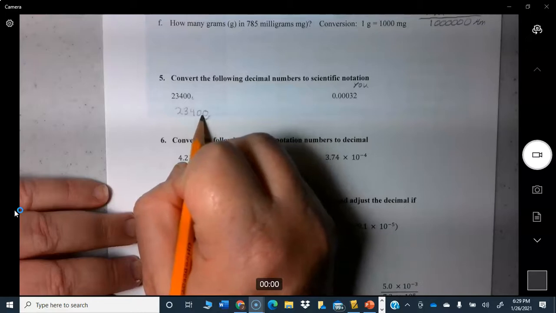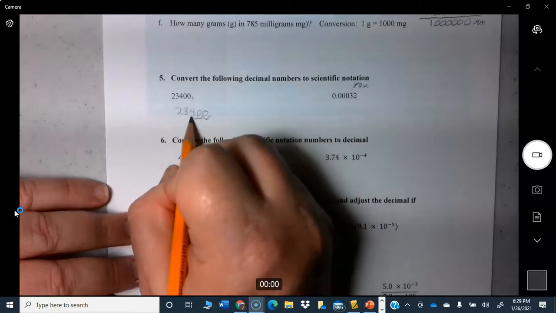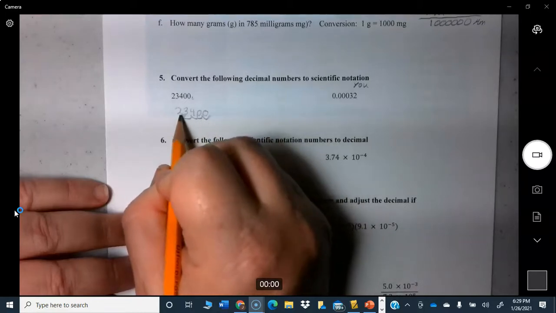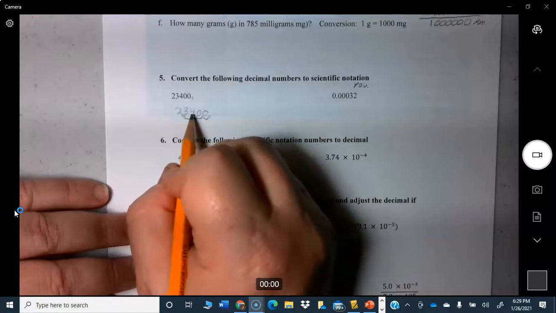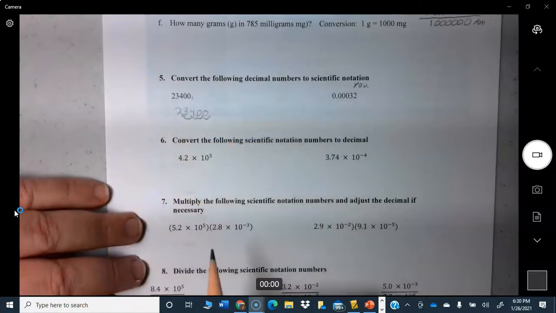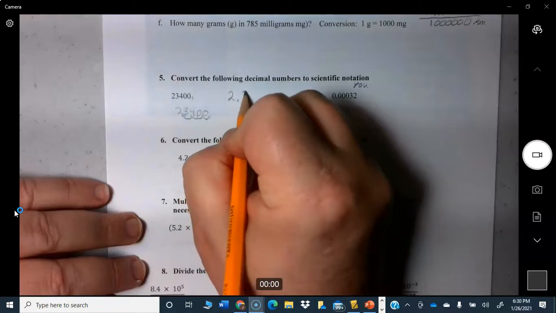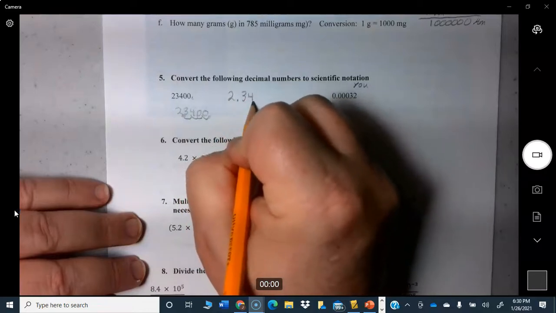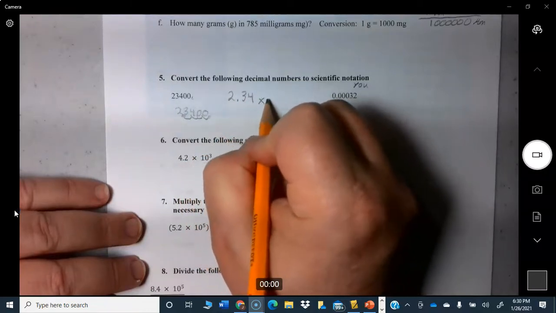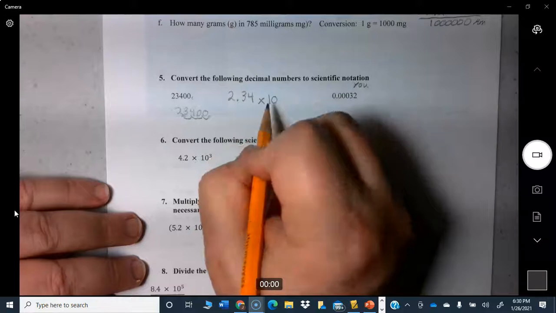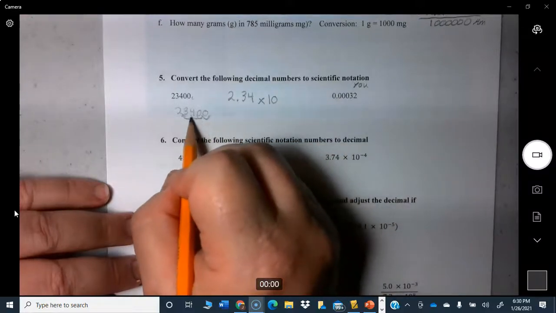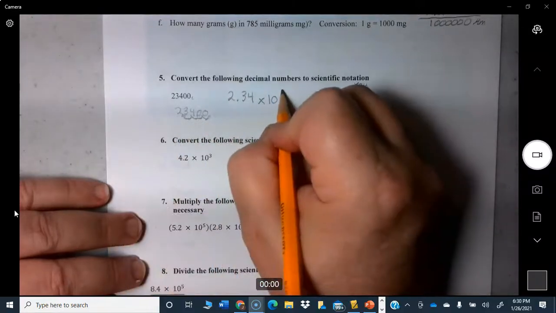And the answer is I can move it over 1, 2, 3, 4. So if it's in between the 2 and 3, it becomes 2.34. 2.34 is a number between 1 and 9.99. So I'm going to write that up here. And then it's always going to be times 10. And you moved it over 1, 2, 3, 4 places, 4.